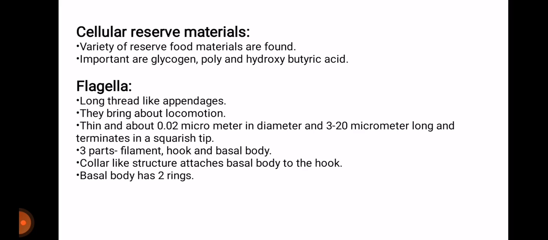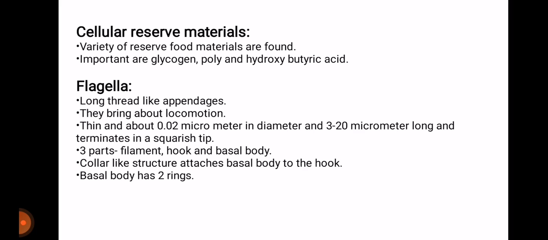In gram-negative bacteria, the basal body has two pairs of rings. The outer pair, L and P rings, is fixed to the cell wall, with the inner pair, that is S and M rings, attached to the cell membrane.